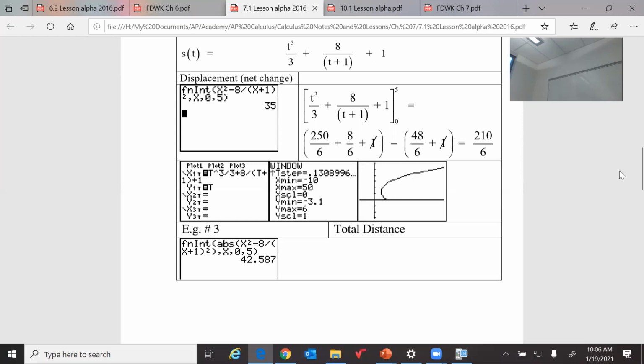It's going to subtract that every time. So there's the 1 for the position. But you're going to get 35 because I didn't put the 1 up here on the math 9, because the 1 subtracts out.